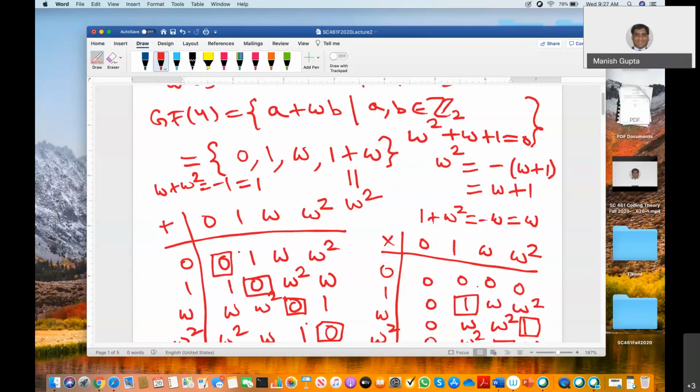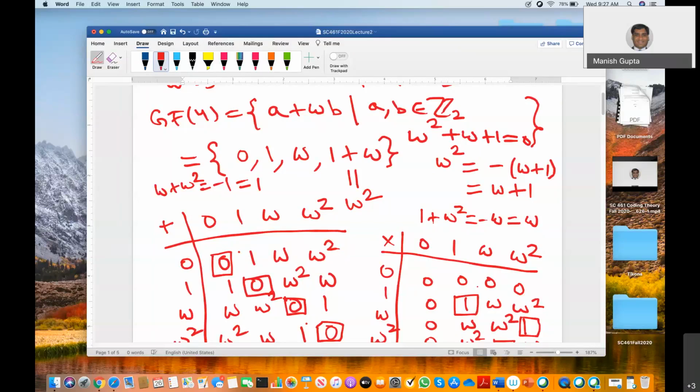We cannot solve this equation here because this is a finite field. There, I can apply the quadratic formula and solve the value of omega in terms of minus 1 plus or minus root of 5 and so on, right? If you remember the value. So you are correct. Both of them are different actually, right?